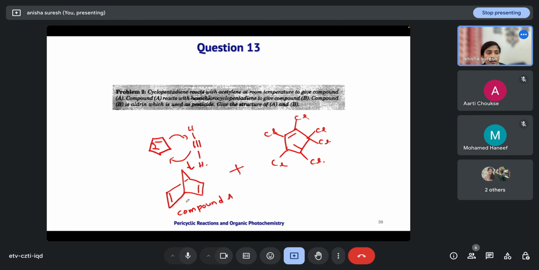This compound A is known as norbornadiene.